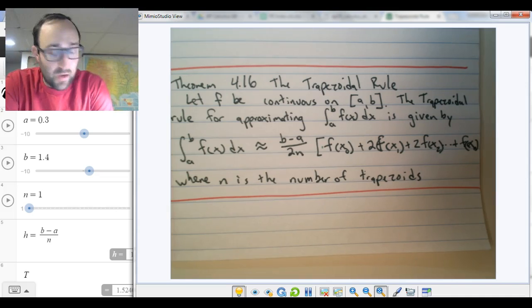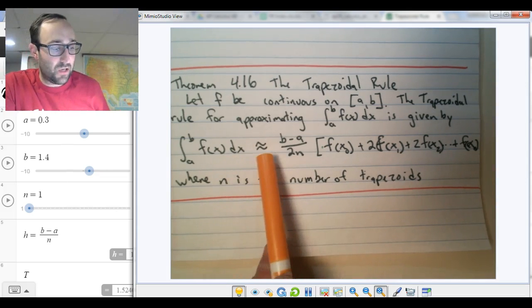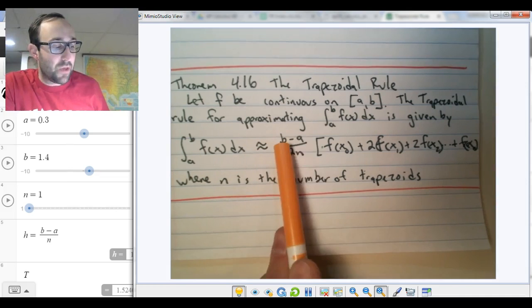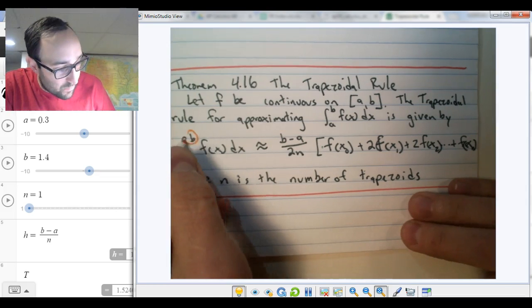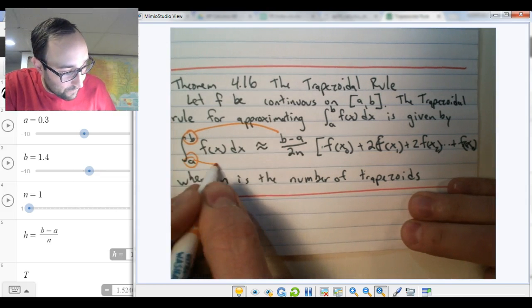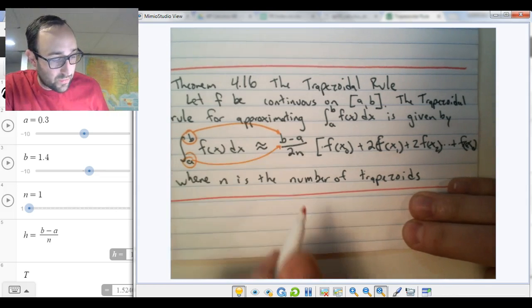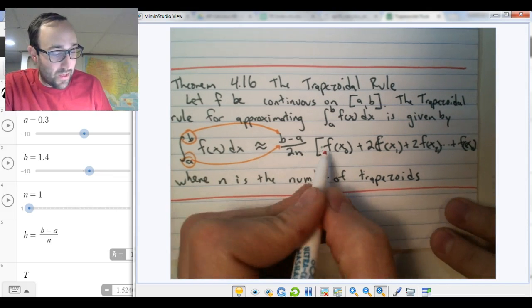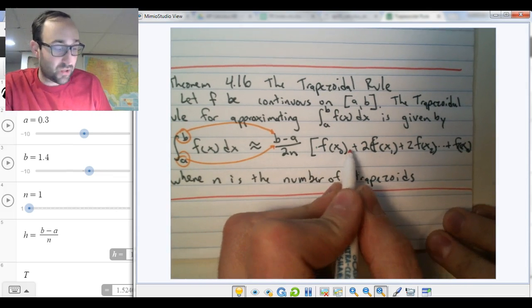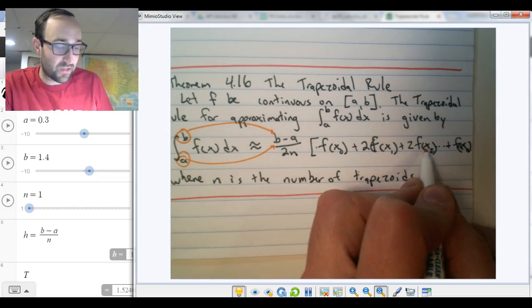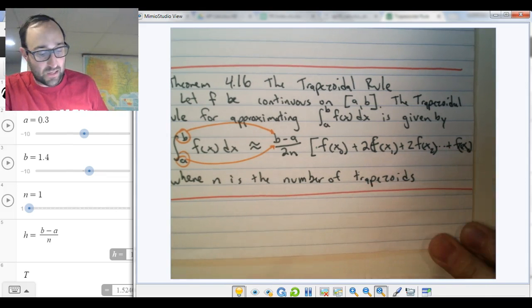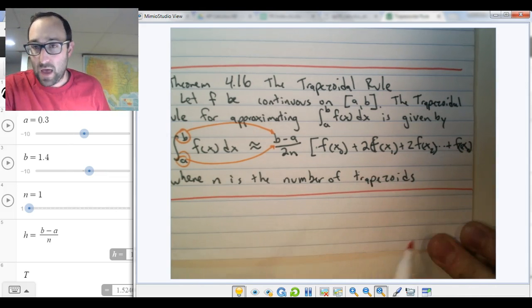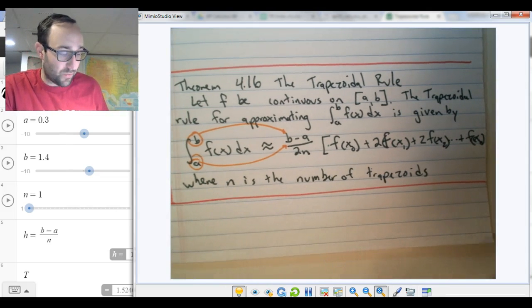The integral of f of x dx is approximately equal to b minus a, and that's this b and this a, over 2n, times f of x naught plus 2 f of x1 plus 2 f of x2 plus dot dot dot plus f of x sub n, where n is the number of trapezoids.